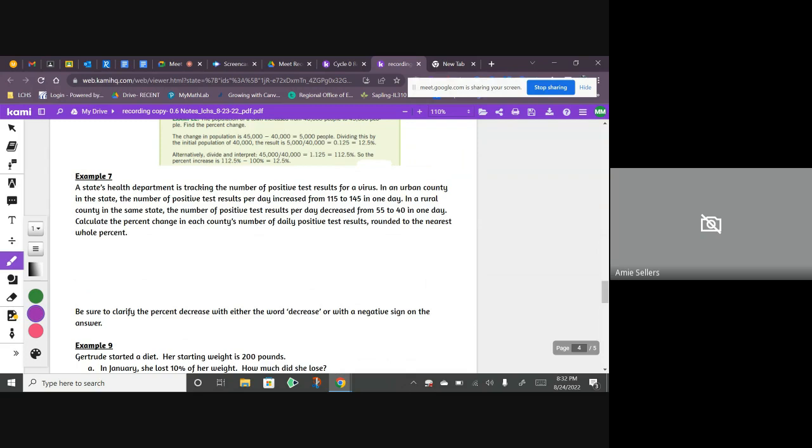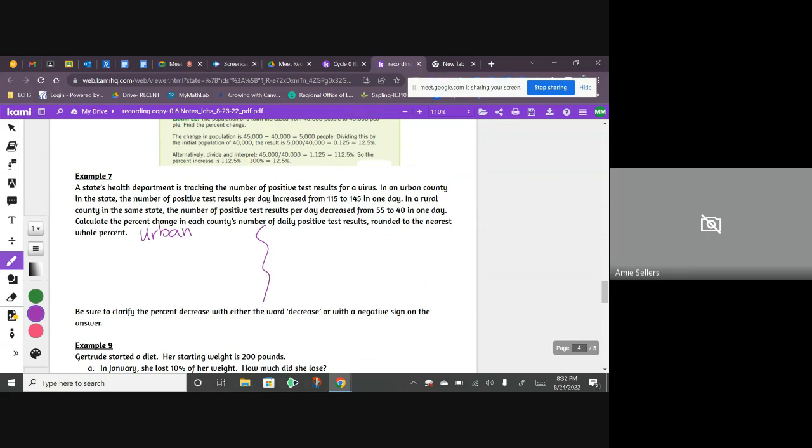In a rural county in the same state, the number of positive test results per day decreased from 55 to 40. Calculate the percent change in each county's number of positive test results, rounded to the nearest whole percent.